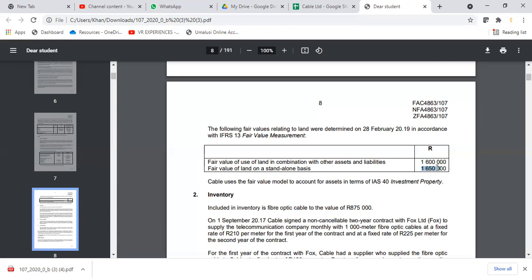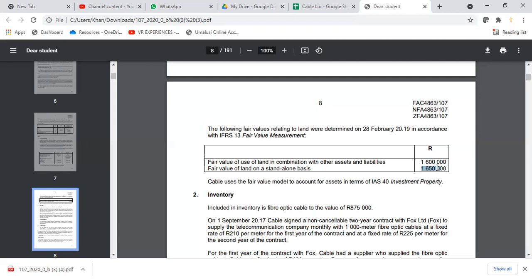Although the asset is actually used in combination with other assets, from an IFRS 13 point of view, from a fair value point of view, we must look at it on a standalone basis. So the fair value on a standalone basis is 1,650,000 Rand.